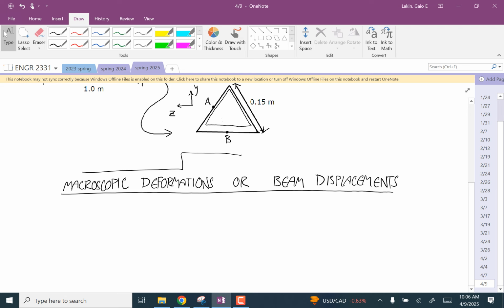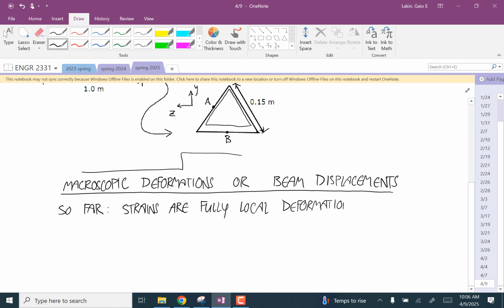So far we've done local deformation calculations. Strains are fully local deformations. And they do help determine whether a material is going to break at a point.